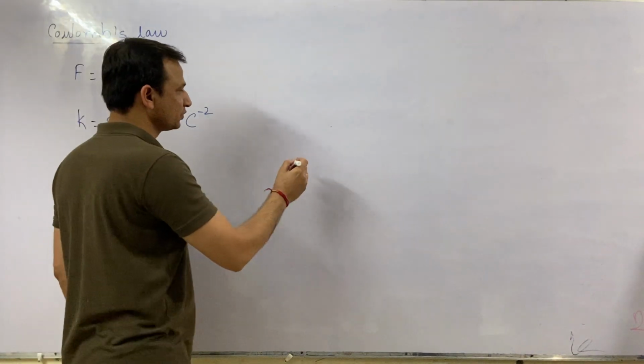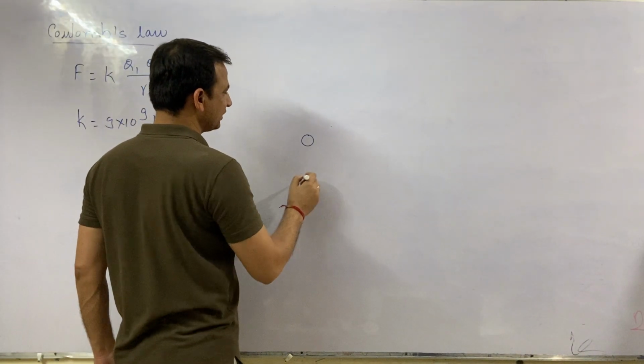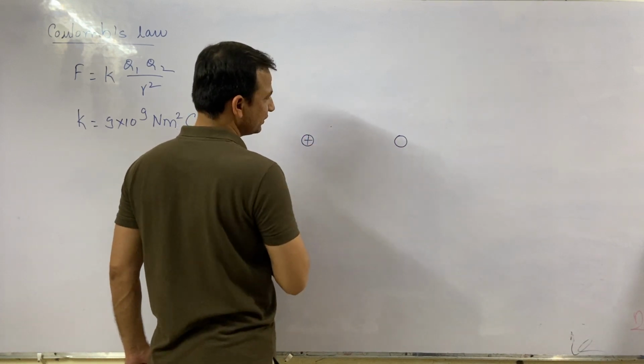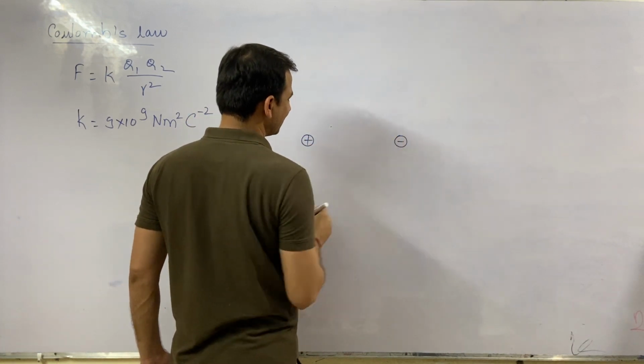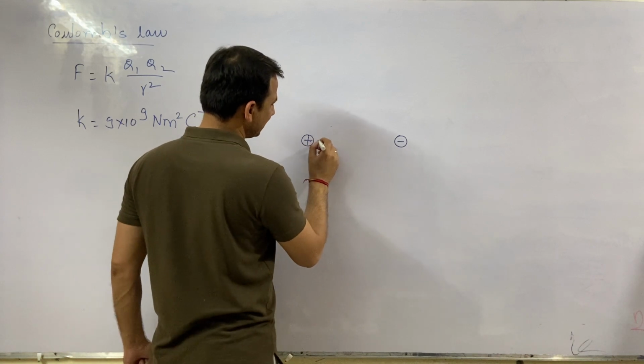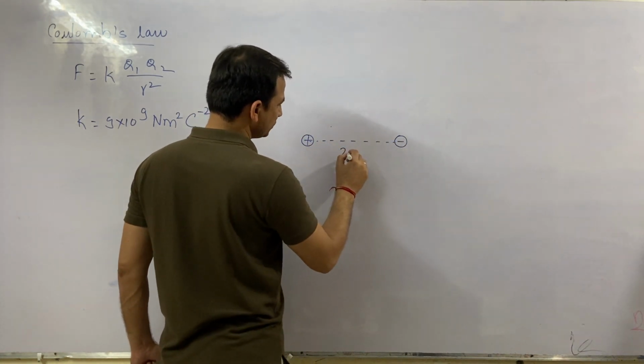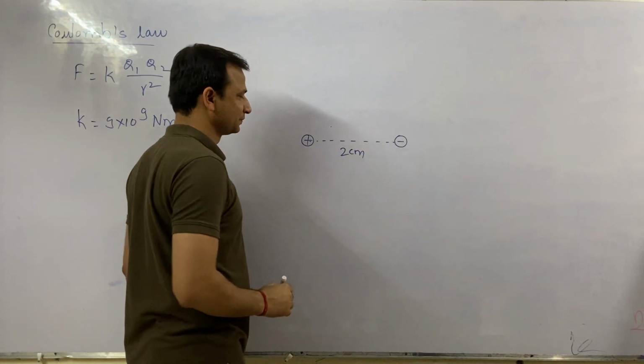So let's come to the question, and here are the two charges. One is positive and the other one I'm taking negative, and they are kept at a distance of, let's say, 2 centimeter from each other.